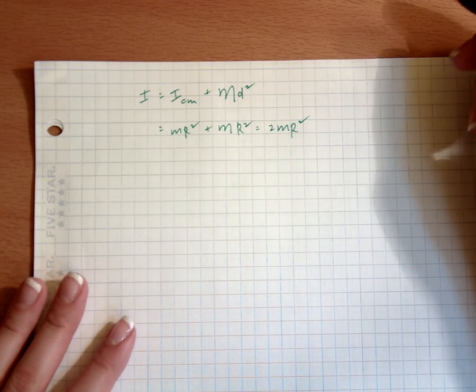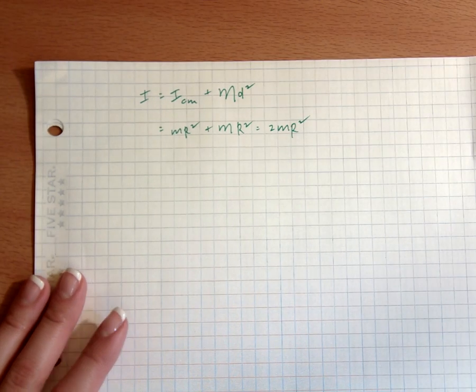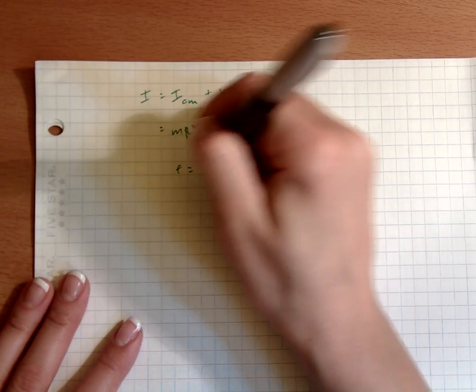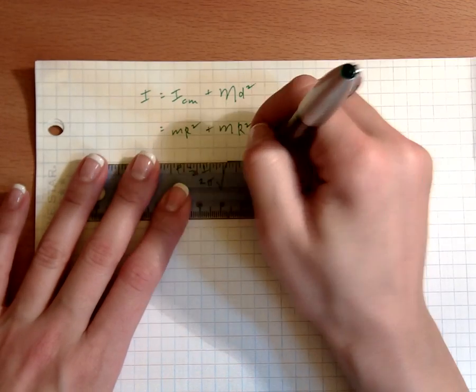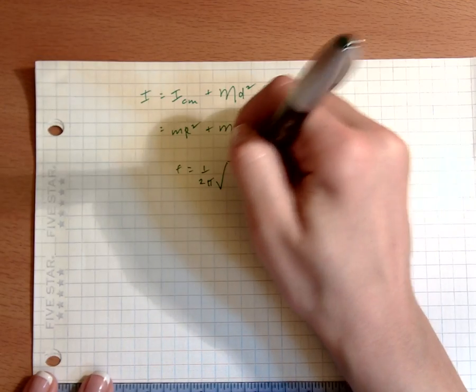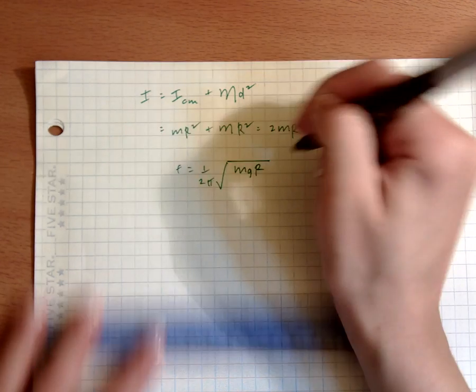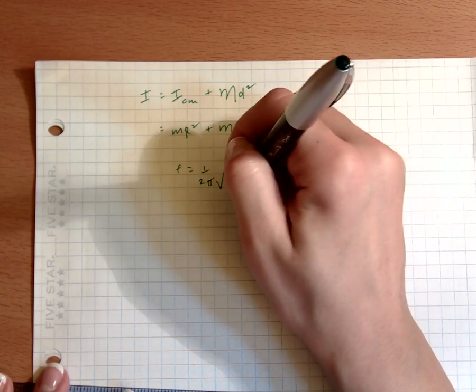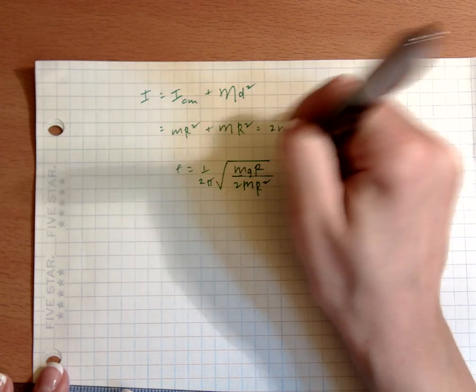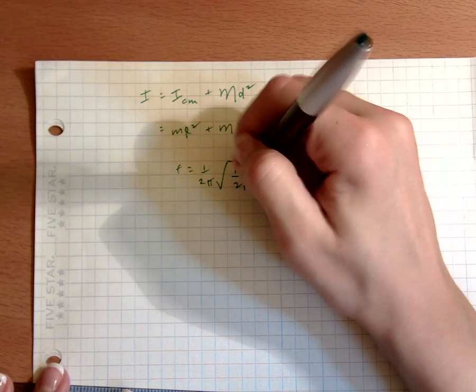So going back to our equation from before, we had found the frequency. It was equal to 1 over 2 pi times the square root of mgR over I, which we found to be 2mR squared. So now divide out m's.